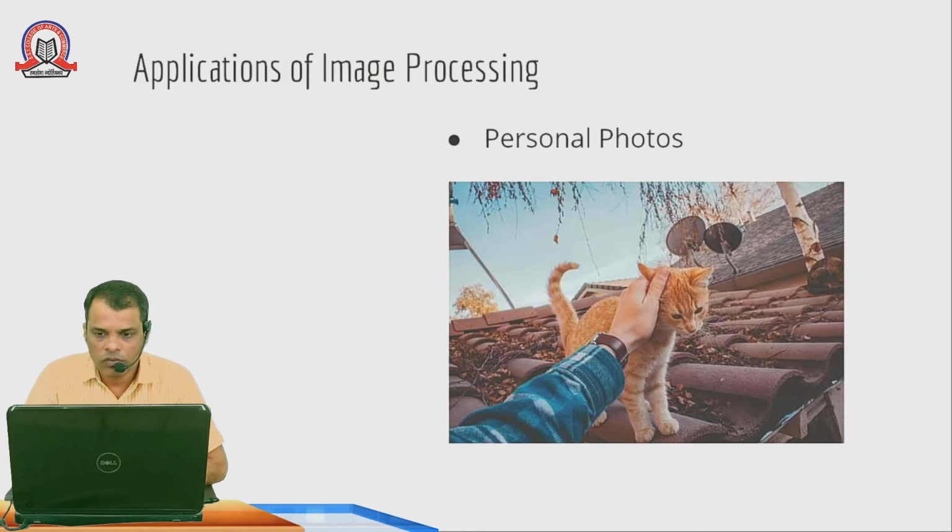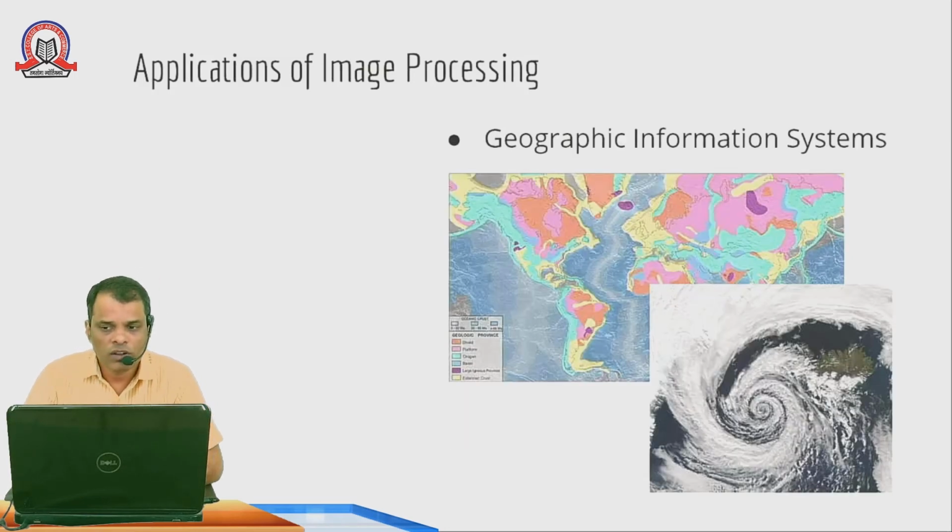Then selfies. People are taking more selfies. People are aware, so once you take the selfies, you can enhance them and make them look better. Then geographic information. See what the geographical information is.